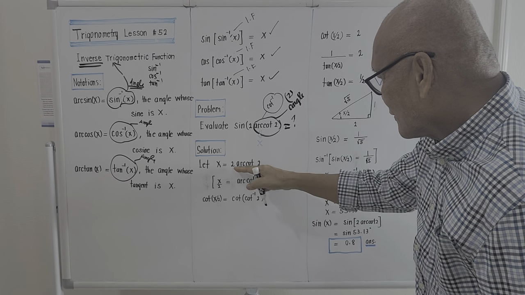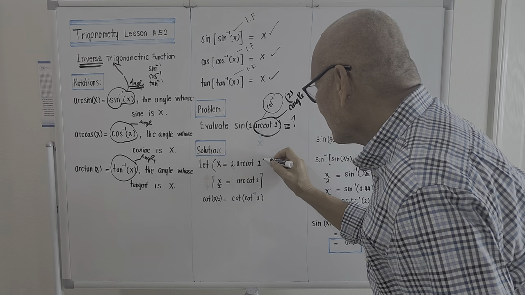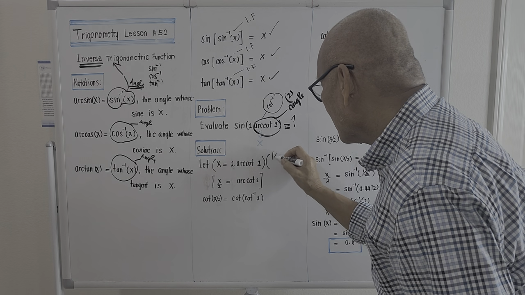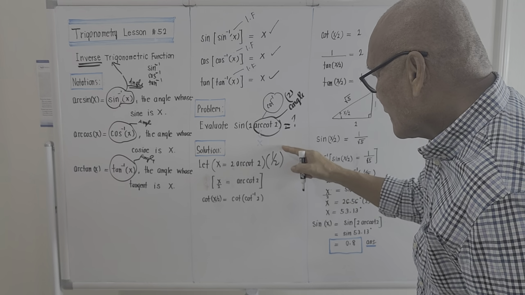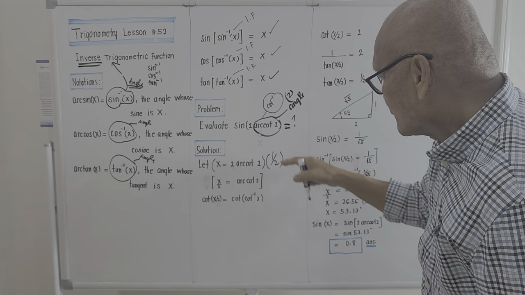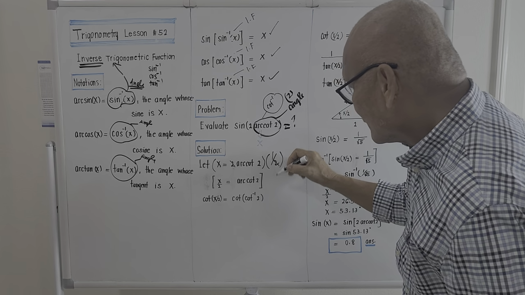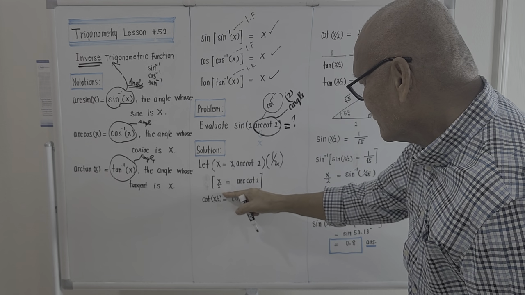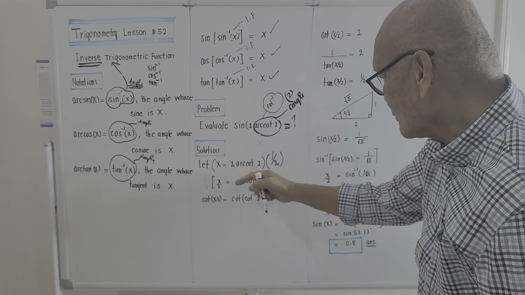I will multiply both sides by 1/2, so x times 1/2 will be x over 2, and twice the arccotangent of 2 times 1/2, the 2s cancel. So x over 2 is equal to arccotangent of 2. We eliminated the coefficient on the right hand side.